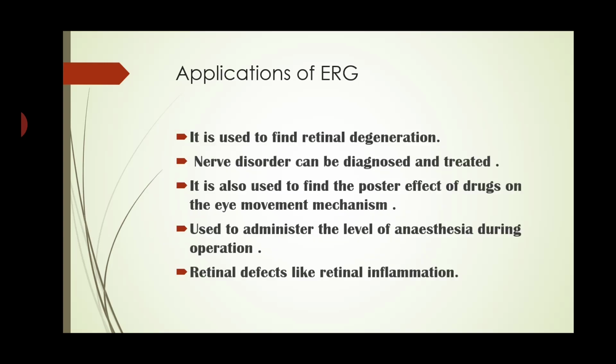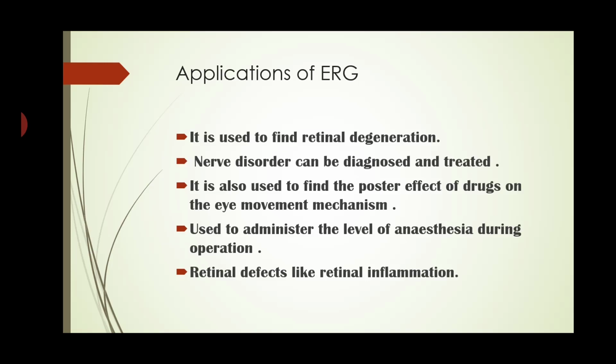Now we will see the applications of ERG, electroretinogram. ERG is used to find retinal degeneration. Second, nerve disorders can be diagnosed and treated using ERG signals. It is also used to find the after effects of drugs on the eye movement mechanism.